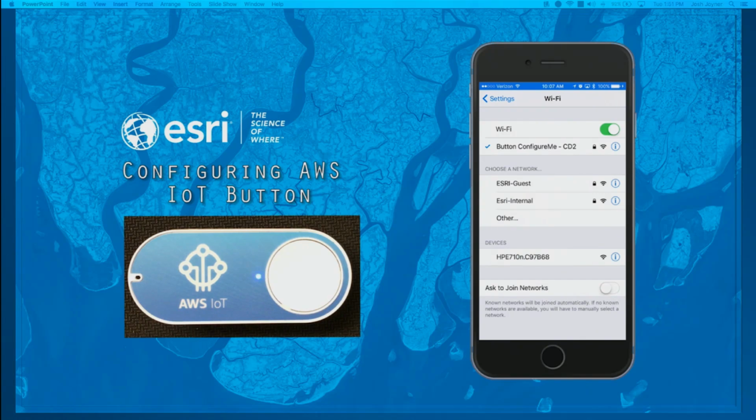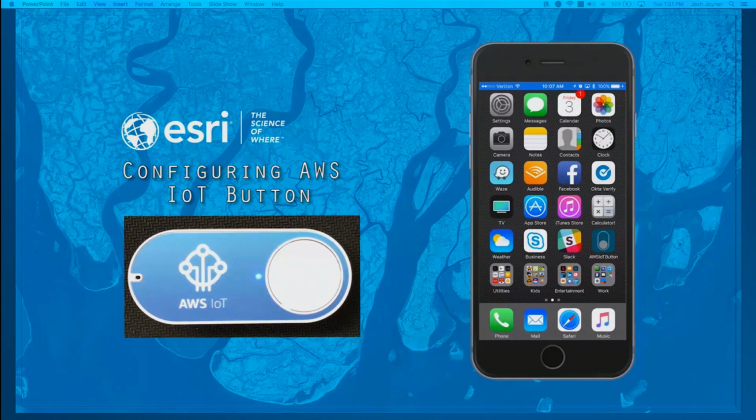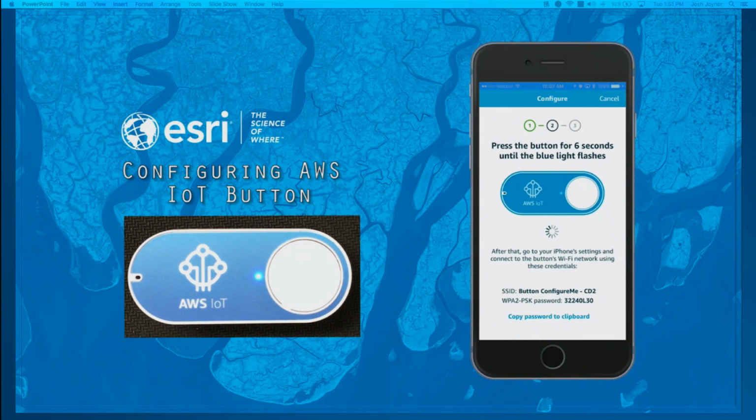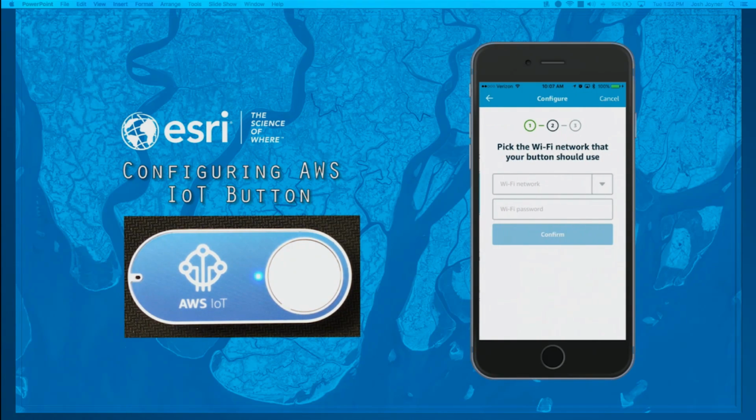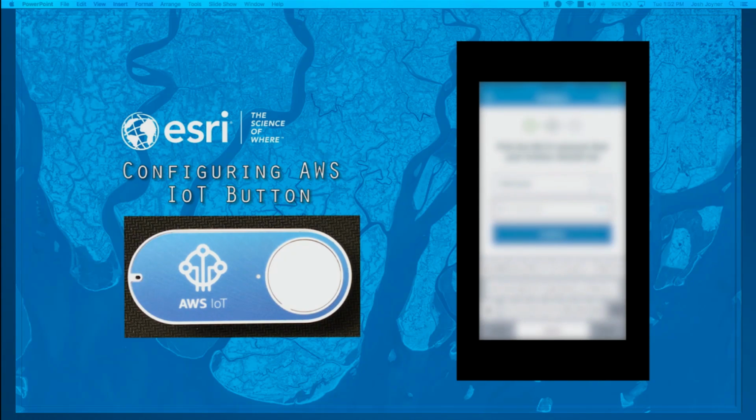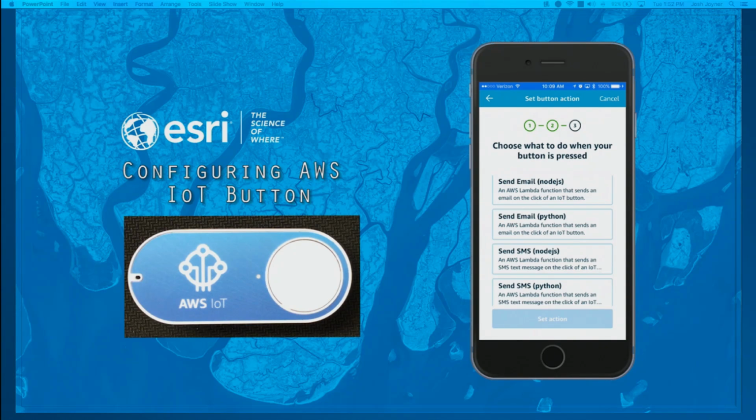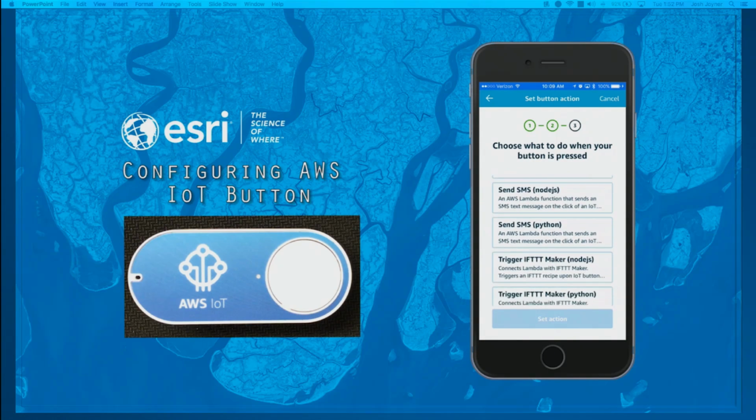Then you'll come back into the app, and from the app you'll tell it which network you want to use. So in this case, this is one I did back within our office. You'll see in a second the screen will kind of fuzz out because it's going to have me prompt my Wi-Fi credentials for our office. So I picked the Esri internal network. Apple's nice enough to show you on the screen while you're typing it.